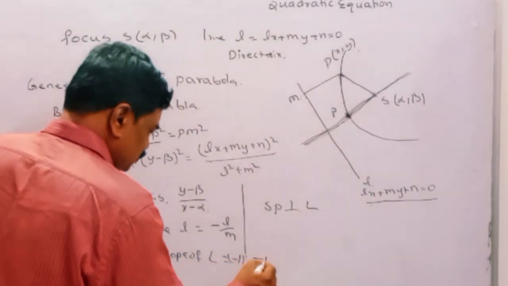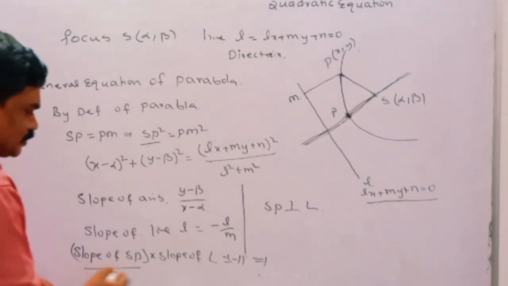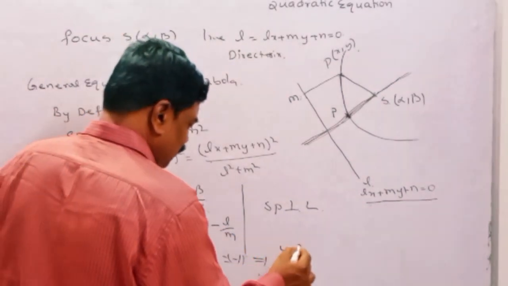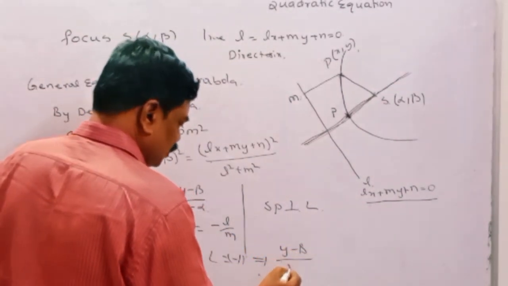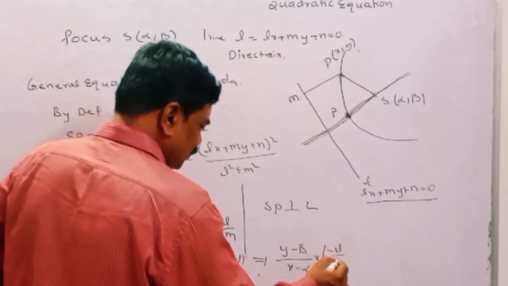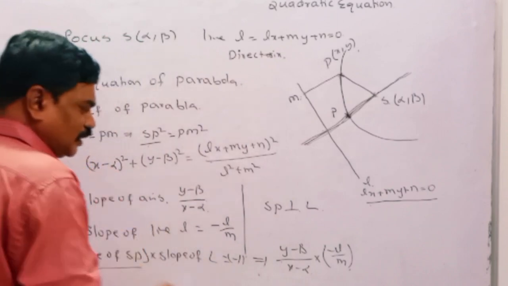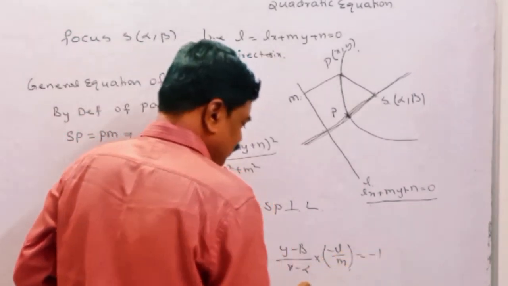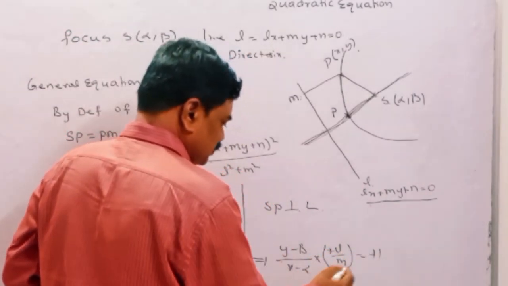Then this gives the slope of the axis: (y minus beta) by (x minus alpha) into (minus L by M), the slope of L, is equal to minus 1. Minus minus gives plus.